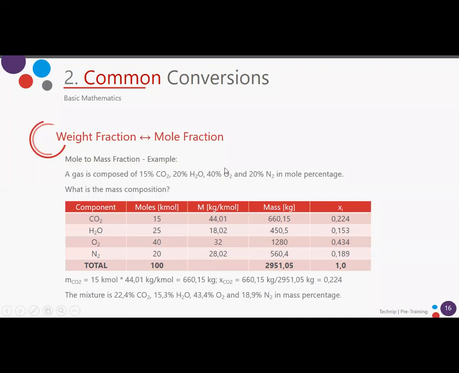So then, as a solution for this example, the mixture is 22.4% carbon dioxide, 15.3% water, 43.4% oxygen, and 18.9% nitrogen, all expressed in mass percent.